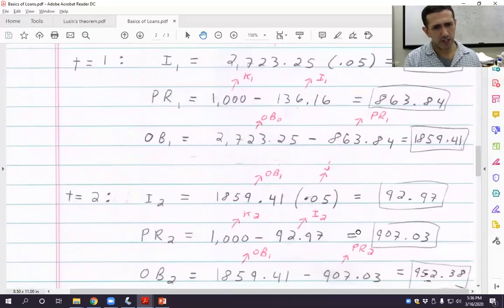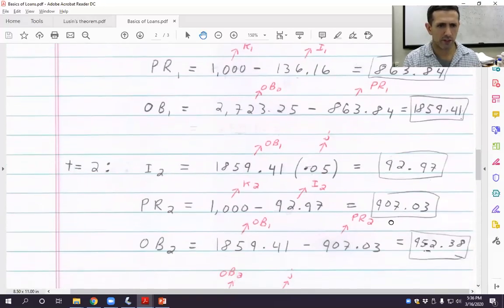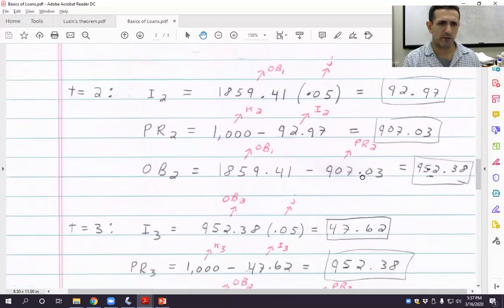And at the end of the second year, the value of the loan is how much the loan was previously worth. You took care of interest, now you use the principal repaid to chip away at the outstanding balance, 952.38, et cetera, et cetera.